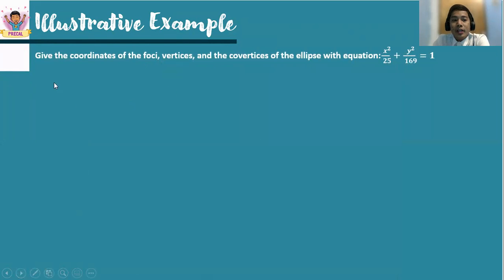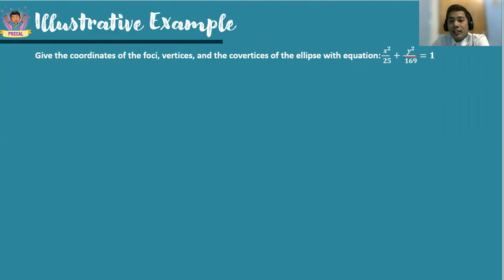Next question. Give the coordinates of the foci, vertices, and co-vertices of the equation x squared over 25 plus y squared over 169 is equal to 1. So again, the problem becomes different because our a should be the longest distance.